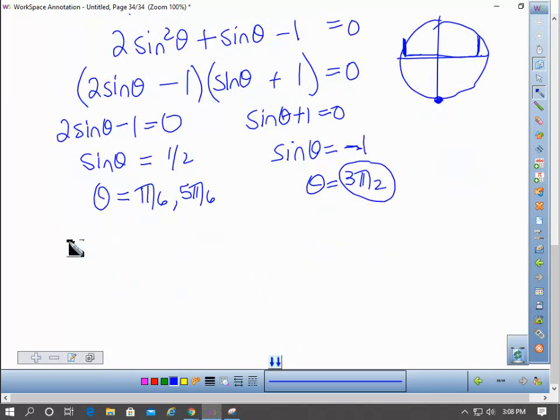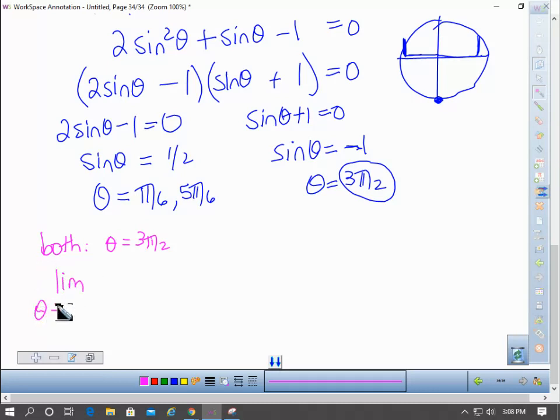So what does that mean? Since I have both of them, let me change my color too so I can differentiate this. All right, both of them equal 0 when theta is 3 pi over 2. So what we have to do is the limit as theta goes to 3 pi over 2 for your derivative.